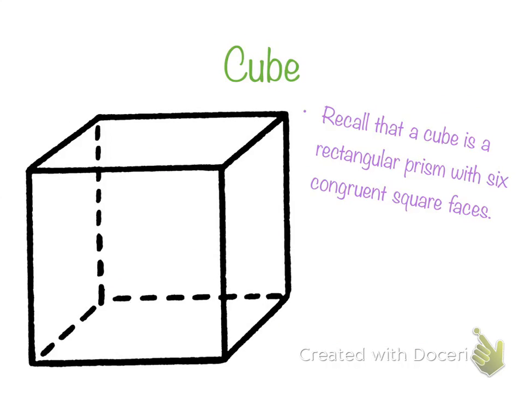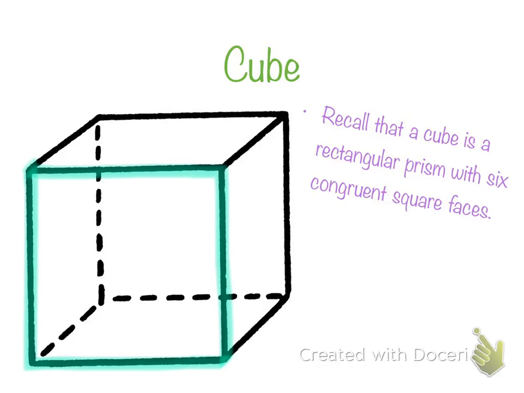Next is our cube. So recall from what you already know that a cube is a rectangular prism. It's just a special prism with 6 congruent square faces. So every single face is a square, and every single face is congruent to another side. So this makes a perfect cube.